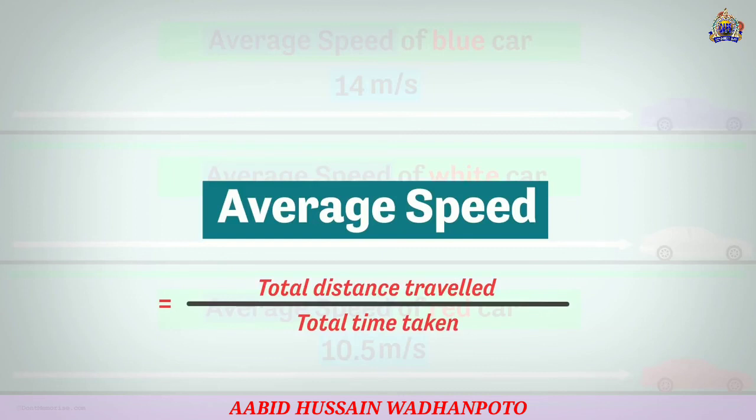When we calculate this, we will get the average speed of that object, whether the object has a constant speed or an average speed. As the average speed of the object is given, the total distance traveled by a body will be divided by the total time taken.